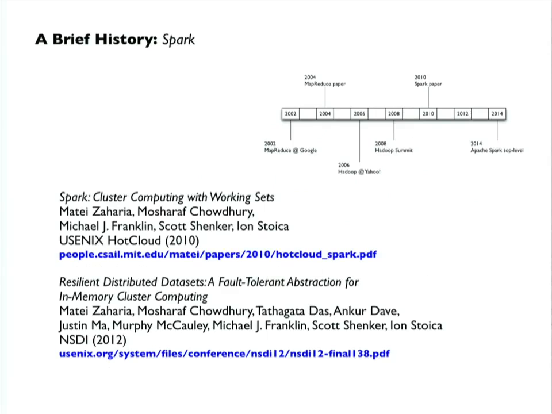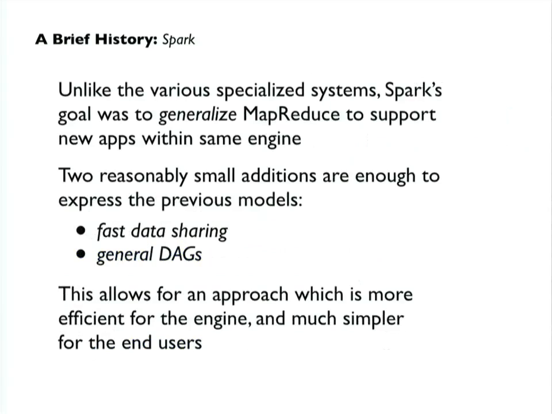A couple of great papers here in terms of history of Spark. Here's a paper from Usenix 2010, really the first formal paper about Spark. And then 2012, the RDD paper, which goes into much more detail about what we're thinking about today as Spark. So the thesis there was to generalize MapReduce, understanding that MapReduce had a couple of problems.